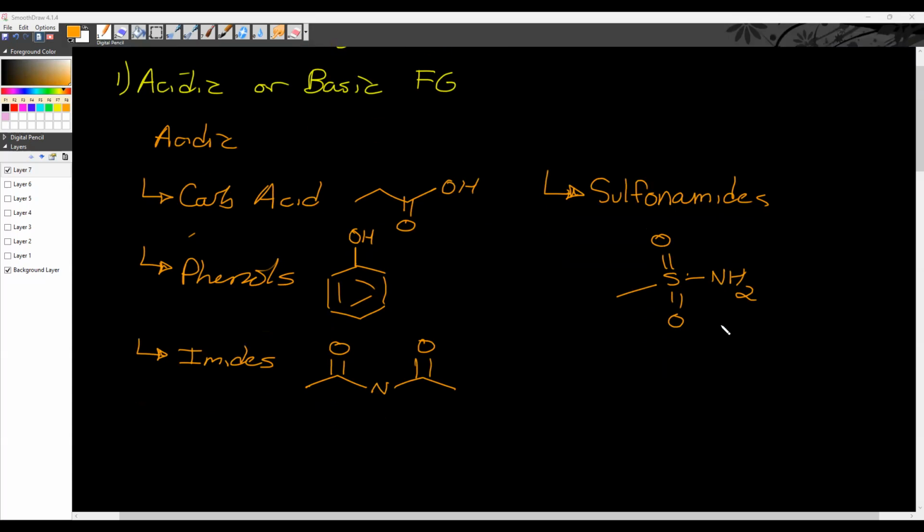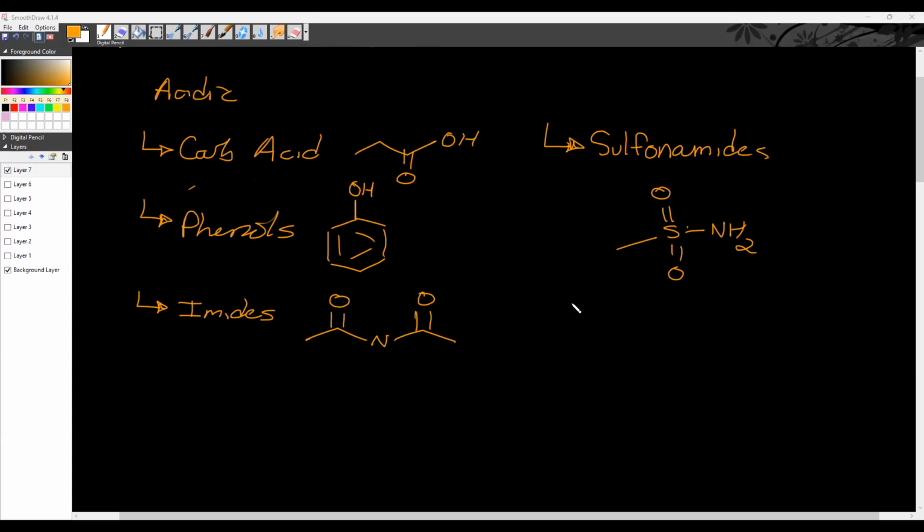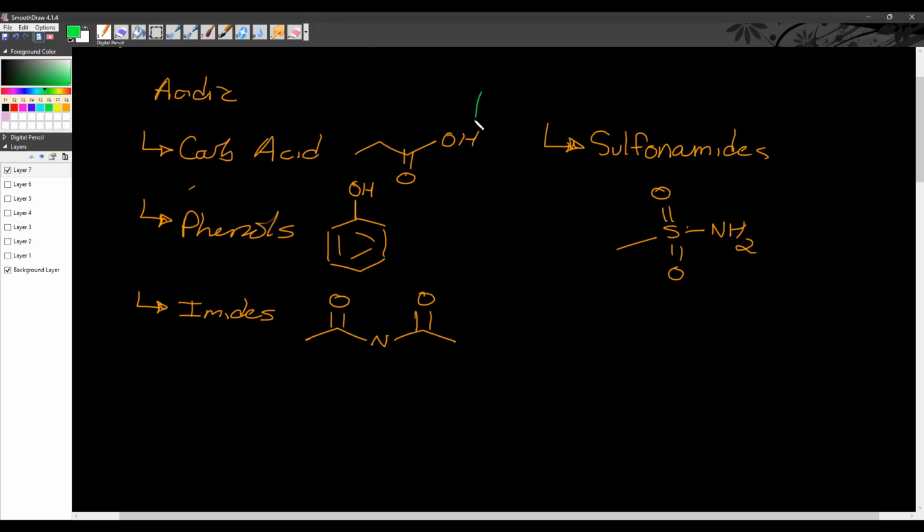Okay. So we have our 4 acidic functional groups. All of these acidic functional groups have acidic hydrogens on them. Oop, I forgot to draw the one on the imid.